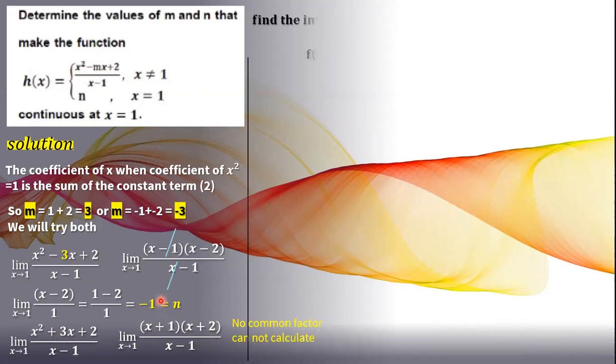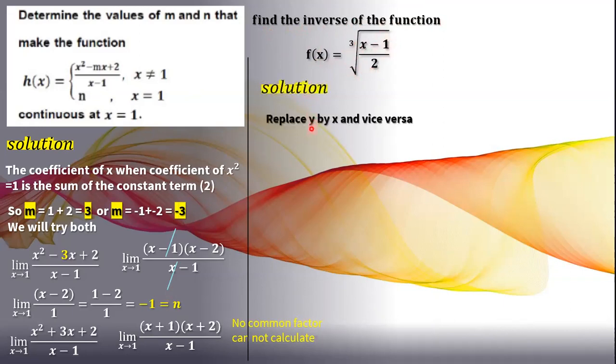Okay, guys. Next question. Find the inverse of the function f of x equals the cube root of x minus 1 over 2. First step, we must replace x by y and y by x, because it's inverse. And now we must solve for y.